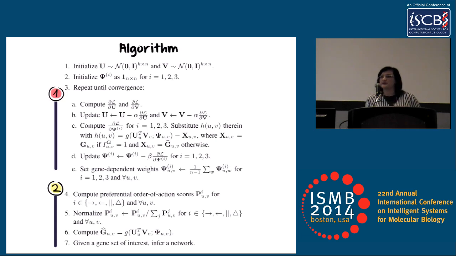And the second step is performing pairwise scoring of all pairs of genes according to all 4 types of relationships that we model, and assembly of a gene network that is consistent with our pairwise scores.